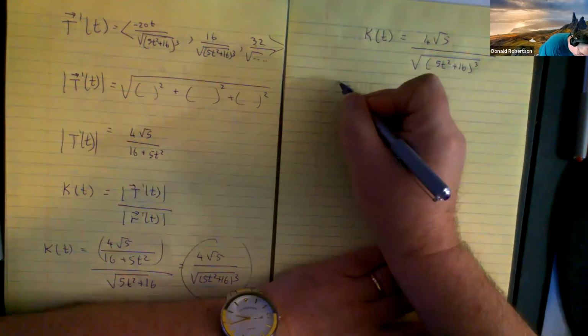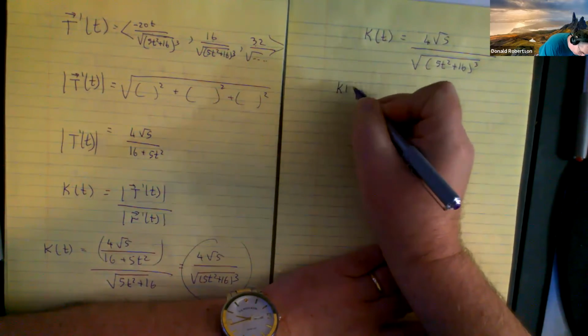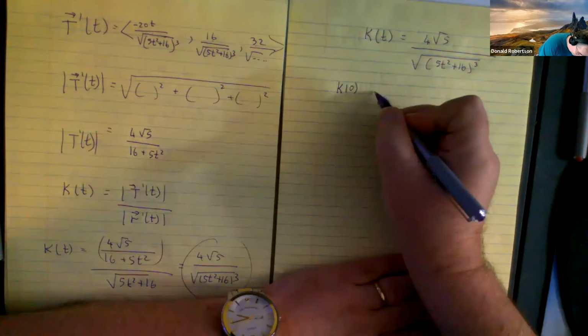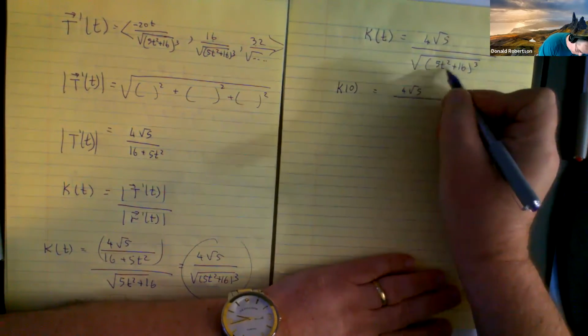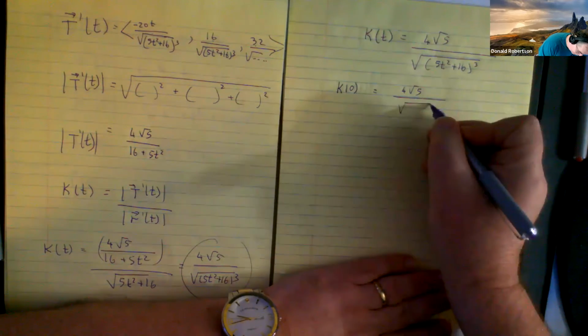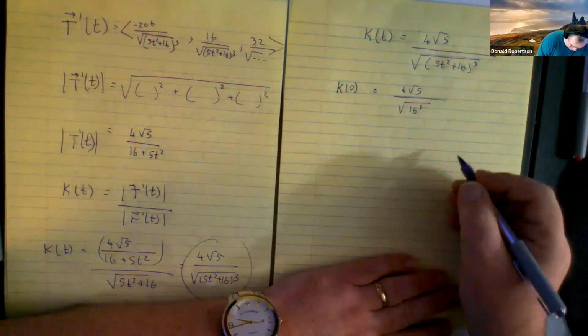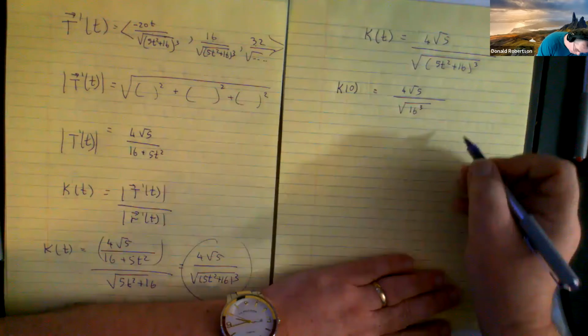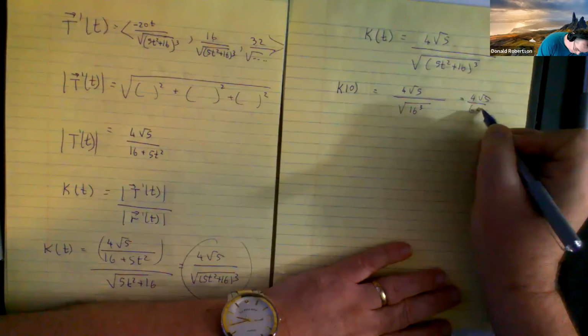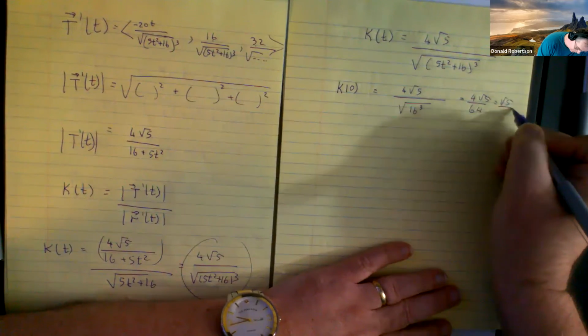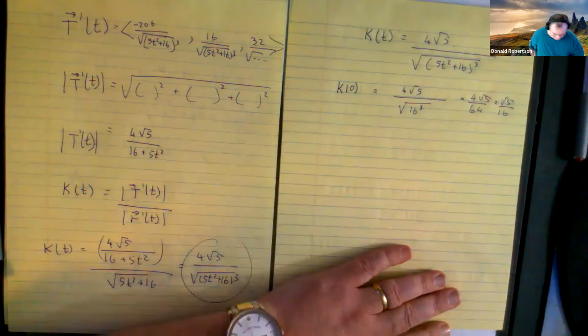So if I wanted to know what the curvature was, let's say when t is 0, it would be 4 root 5 over nothing plus 16. So the square root of 16 cubed, which is 64. So it'd be 4 root 5 over 64, which would be root 5 over 16.